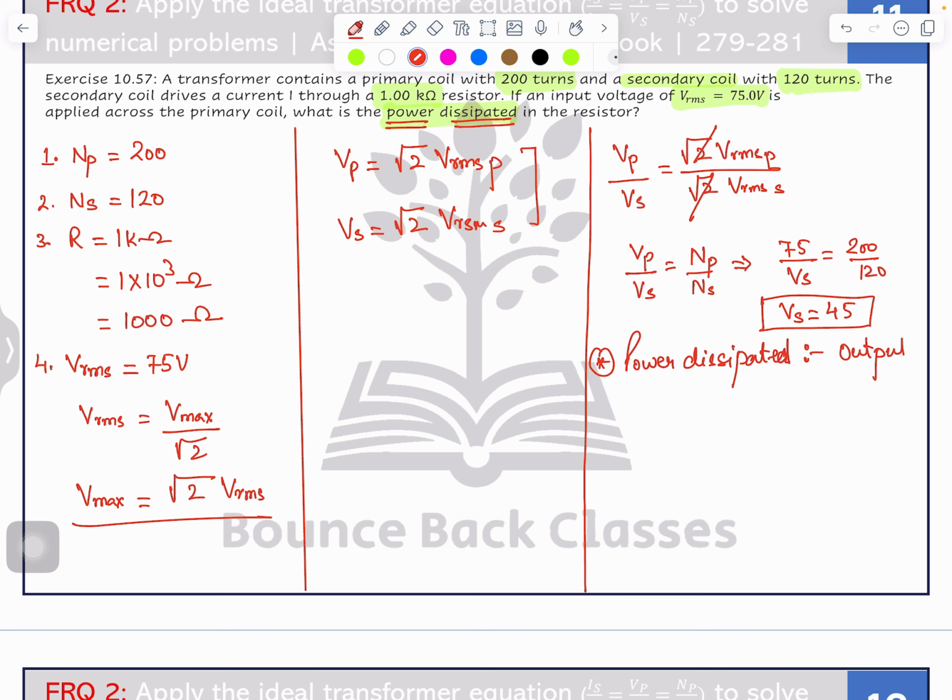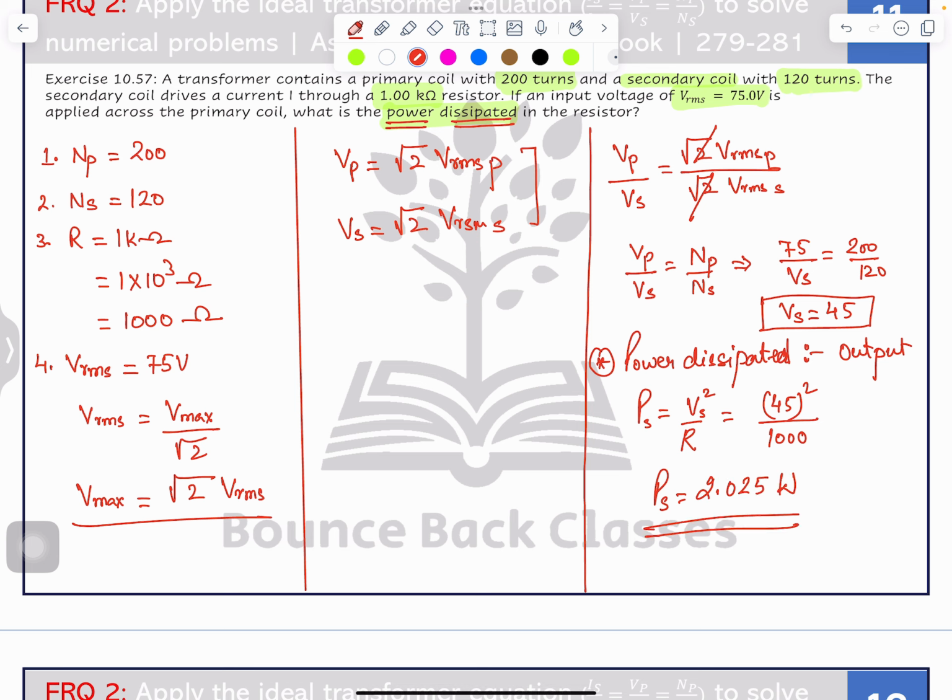Yes or no? So power is equal to V square over R. It should be secondary. So 45 square divided by 1000. So what is the power dissipated? 2.025 watt. Clear?